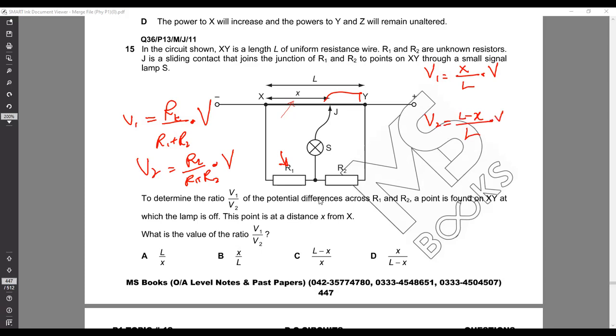You can see that they have given the answer of the ratio of V1 and V2 with the lengths, not with the resistance. So you will use these two formulas and divide them. When you divide them, V gets cancelled, the length gets cancelled, and you get V1 over V2 as X over L minus X.